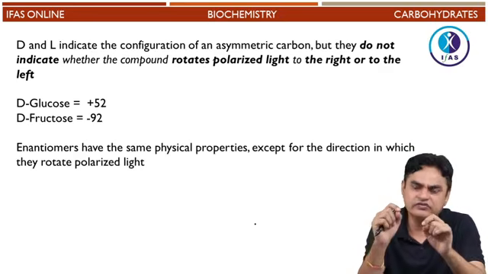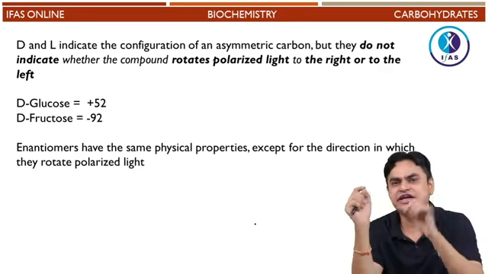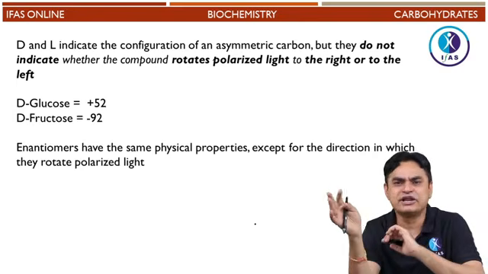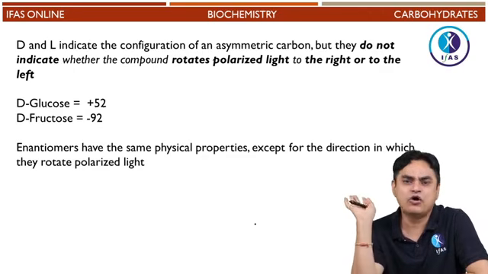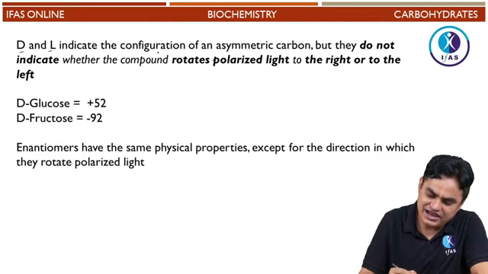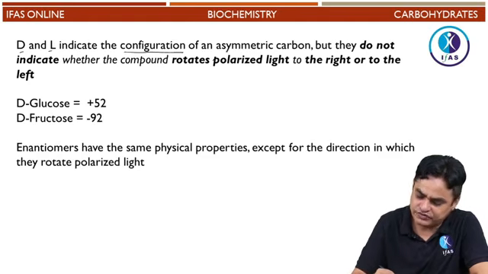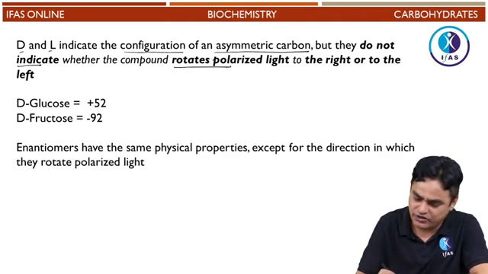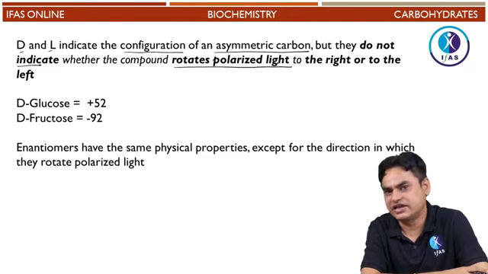So do not confuse D form with dextrorotatory or L form with levorotatory. There is no correlation between a D form and optical rotation. So basically D and L indicate configuration of the molecules or atoms at a symmetric carbon. They do not indicate anything about how they are going to rotate the plane polarized light.